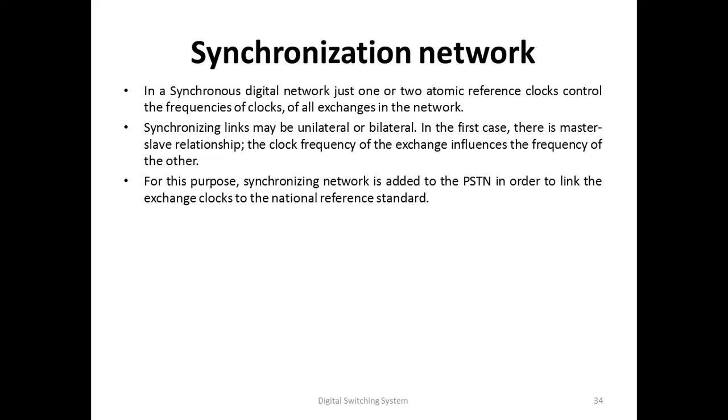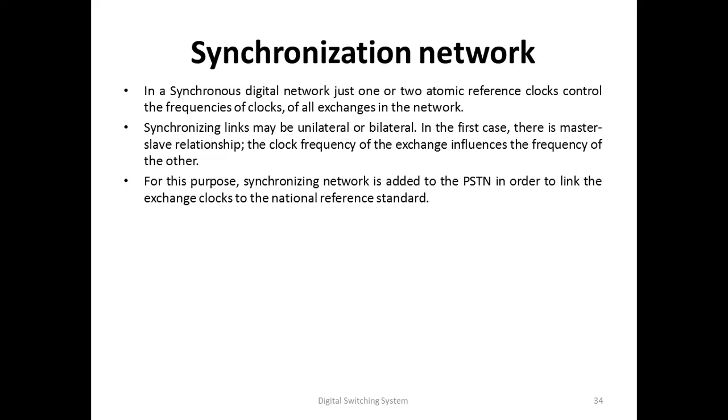For this purpose, a synchronizing network is added to the PSTN in order to link the exchange clocks to the national reference standard. The local clock in each exchange is provided by a crystal oscillator whose frequency can be adjusted by a control voltage.